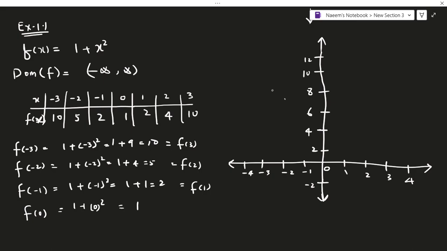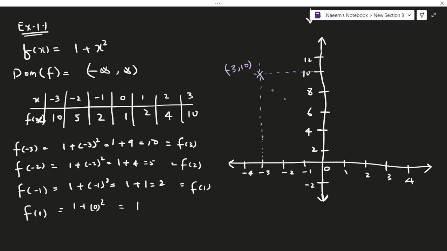Okay. When x is -3, y is 10. Mark this one. This point represents (-3, 10). When x is -2, y is 5.